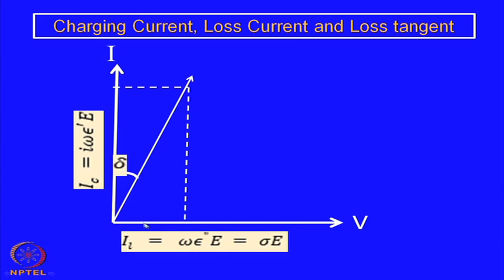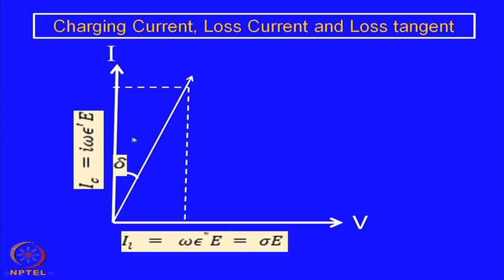Both are at right angles to each other: the charging current, ahead by 90 degrees of the voltage, and the loss current, which is in phase with the voltage. Ideally it should be 90 degrees, but the resultant current is actually along this line, which is at an angle of delta from the current axis.